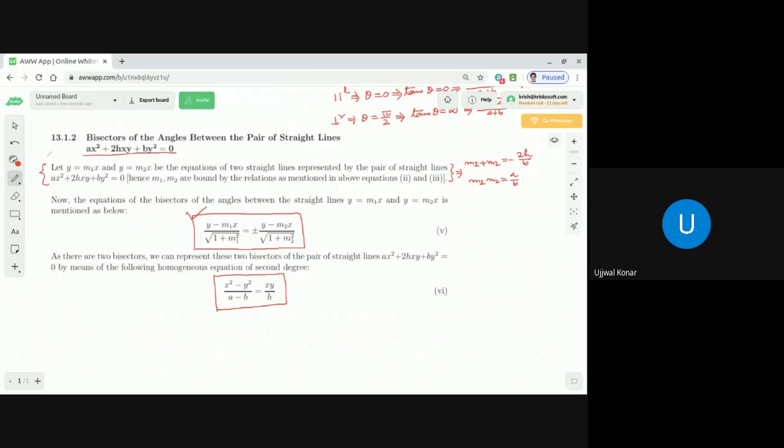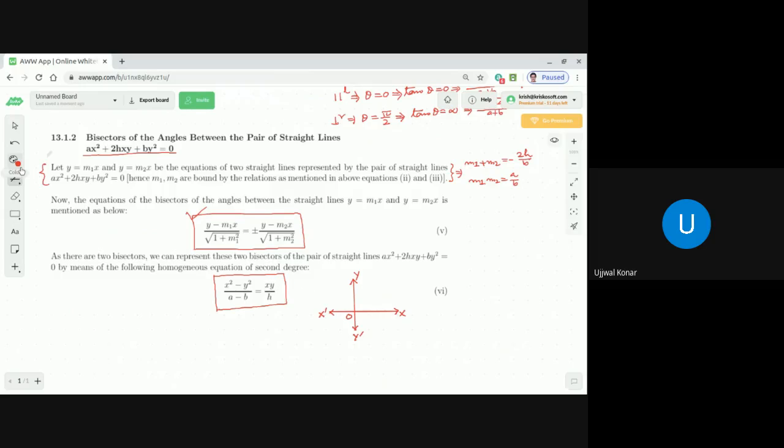What does it mean? If I draw the coordinate axes first here, dear students, suppose these are the coordinate axes. This is the x-axis, this is the y-axis, this is x dash, this is y dash.